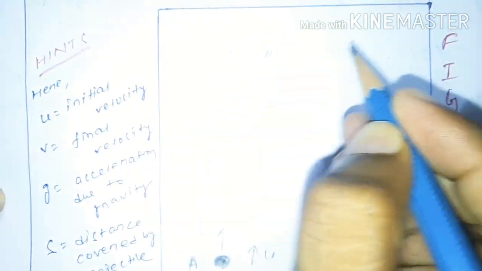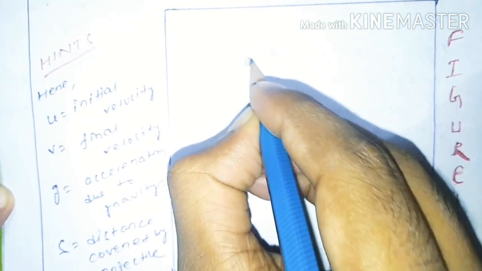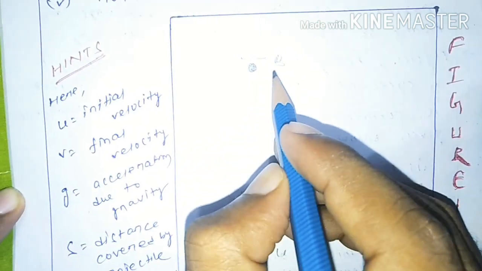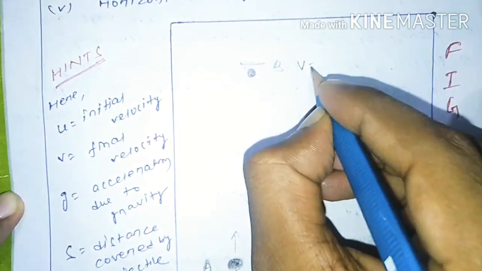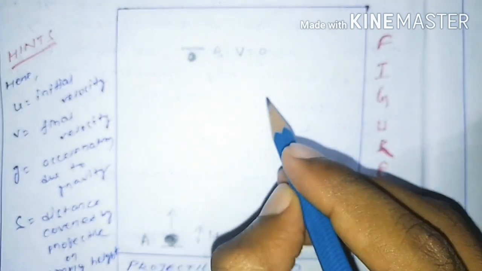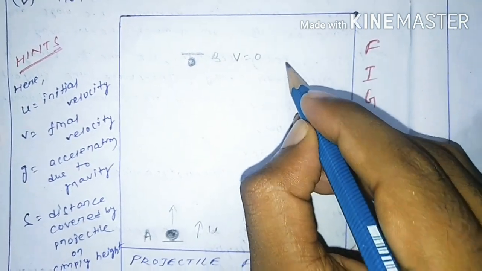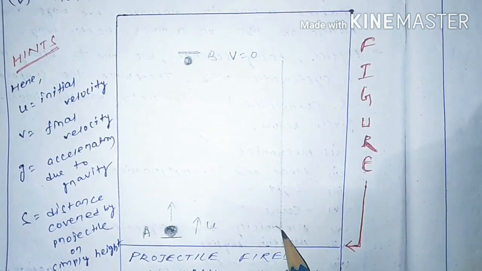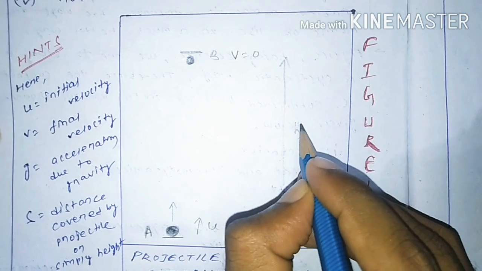And this is our projectile. Here velocity v is equal to 0. Let us consider that from A to B, the height or the distance covered by the projectile is h, small h.